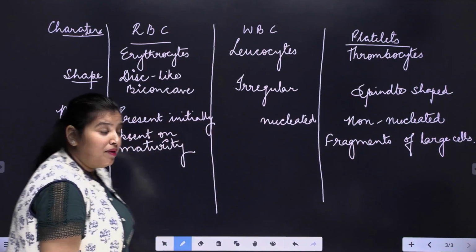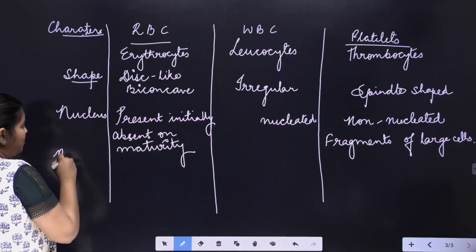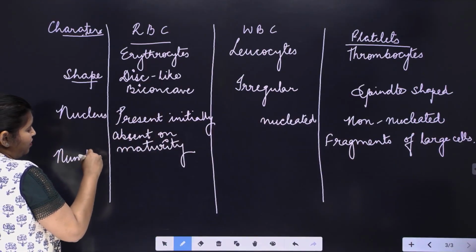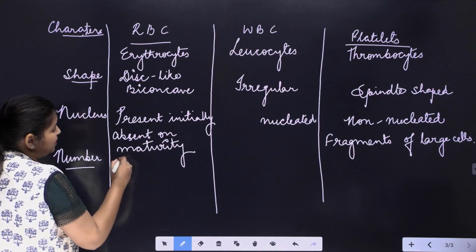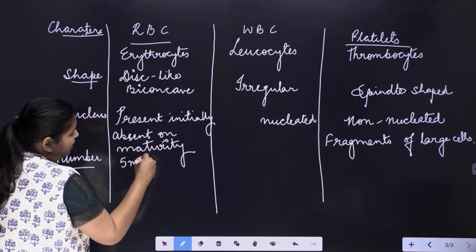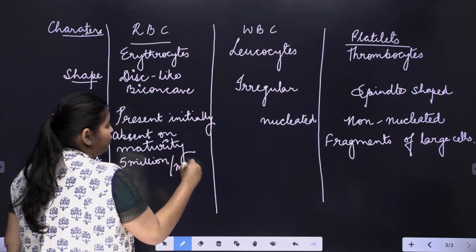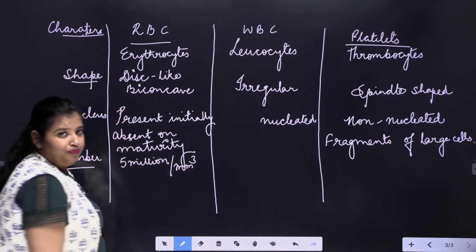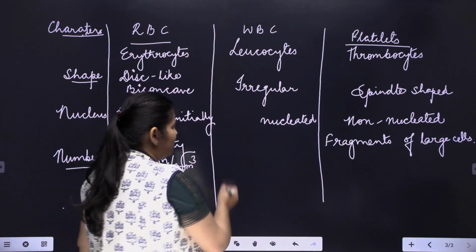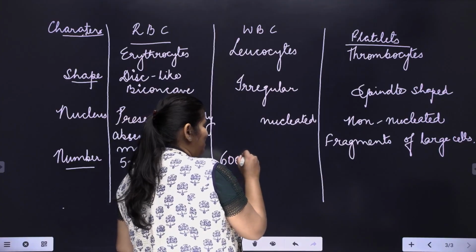Let's talk about the number of cells. RBC is about 5 million per mm³ of the blood volume. WBC is lesser in number.